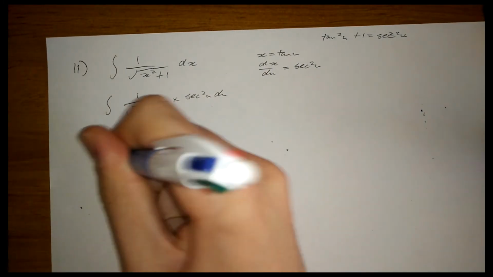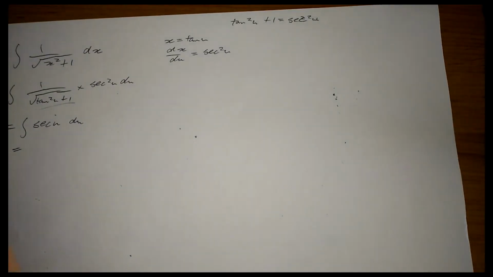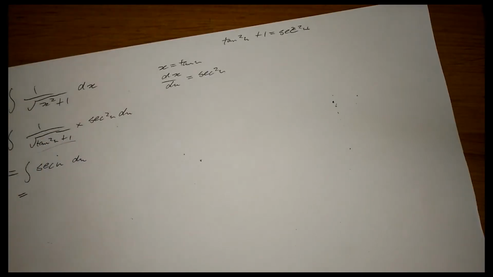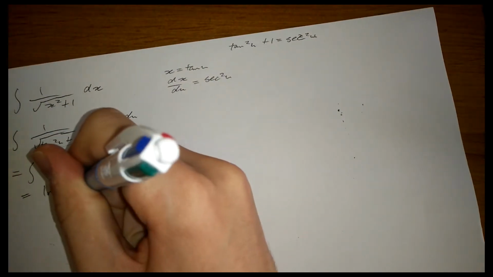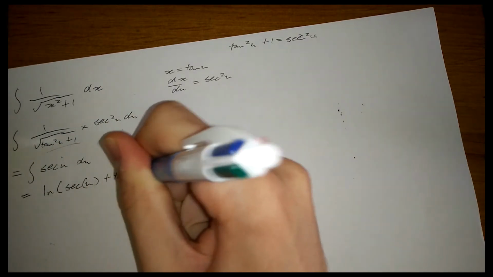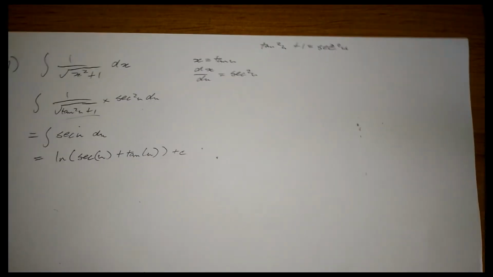And then if we want to integrate this, I'm going to take a little bit of a shortcut, because I already know that the integral of sec u is equal to the natural log of sec u plus tan u plus c, of course. We can't forget our plus c.